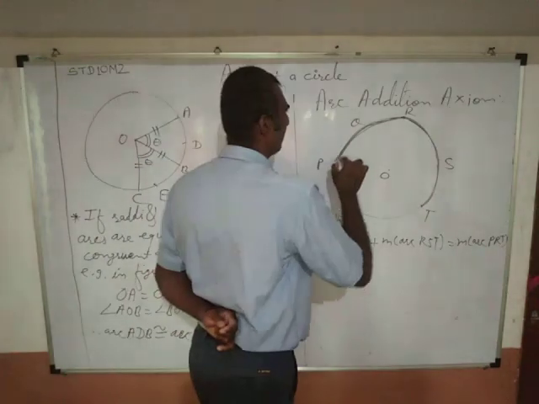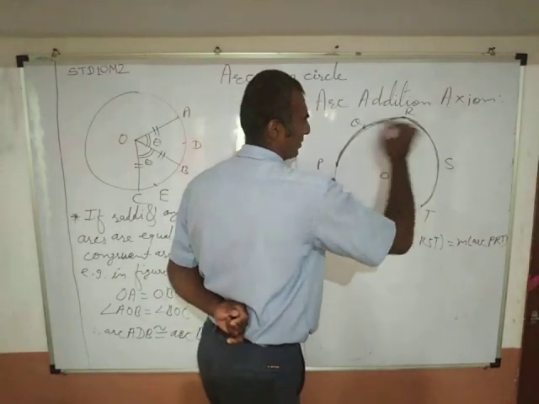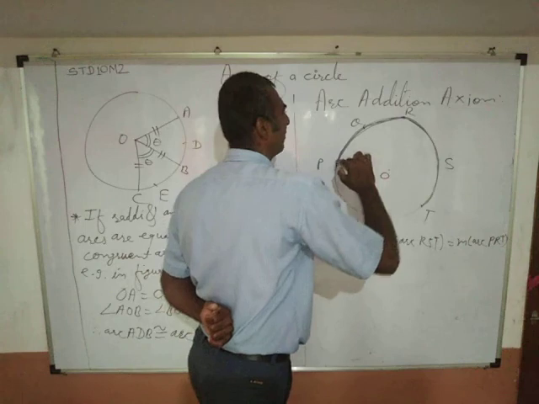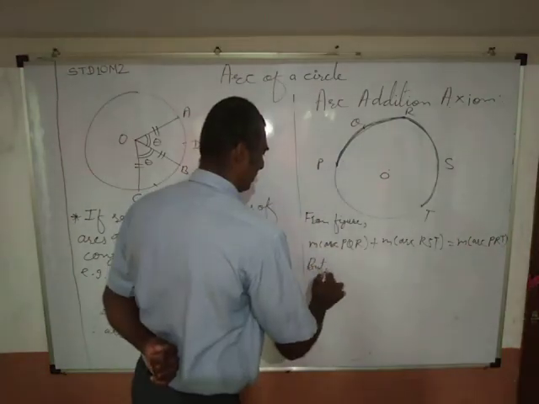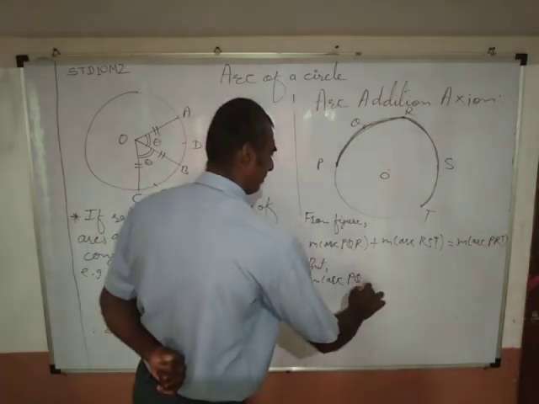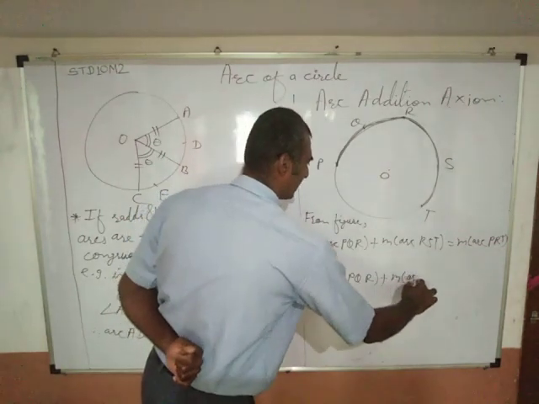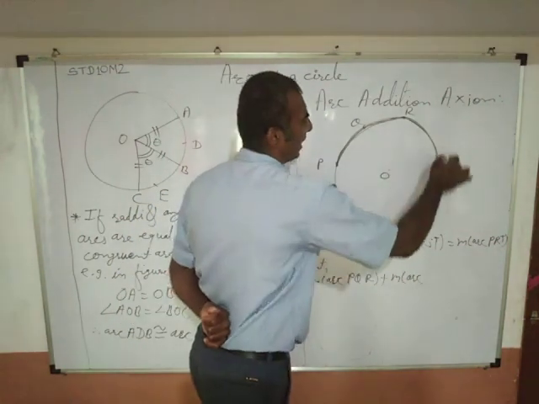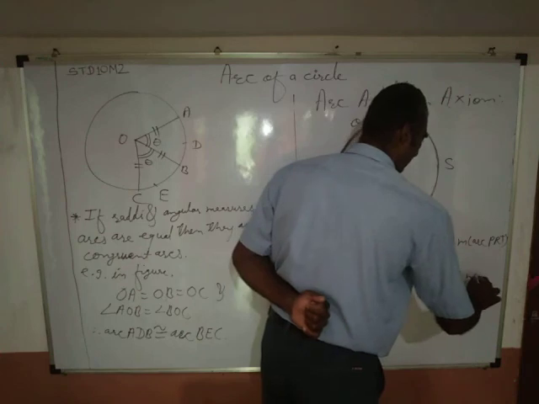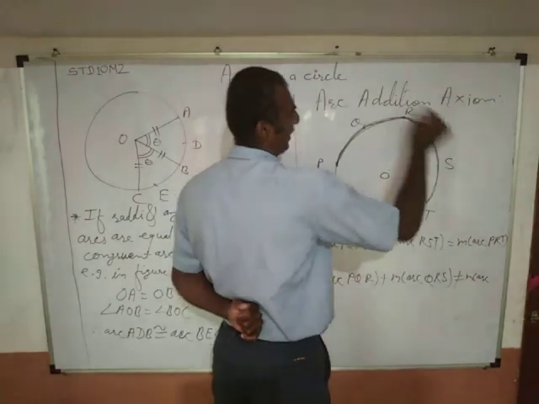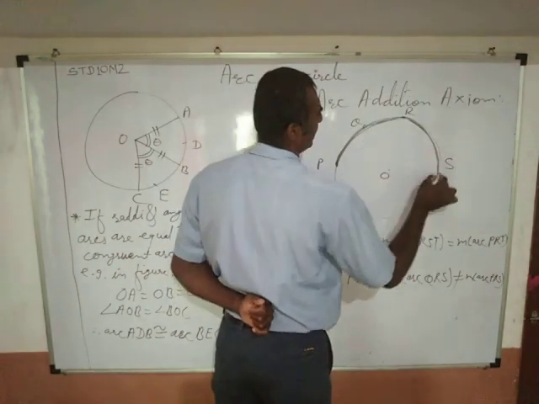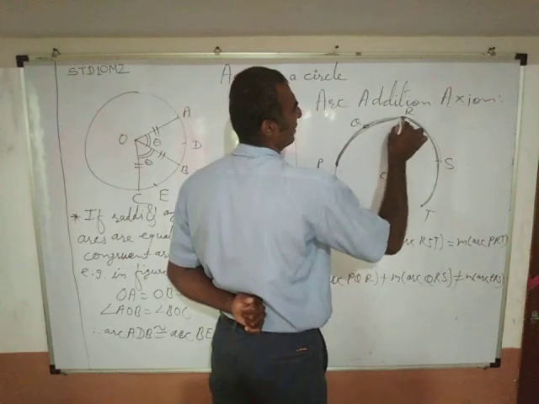But in a case of arc PQR and arc QRS, we cannot say arc PRT, but measure of arc PQR plus measure of arc QRS is not equal to measure of arc PRS, because these two arcs have number of points in common.